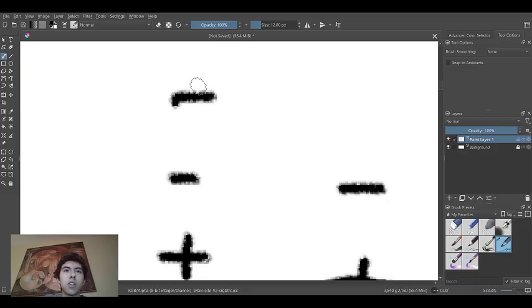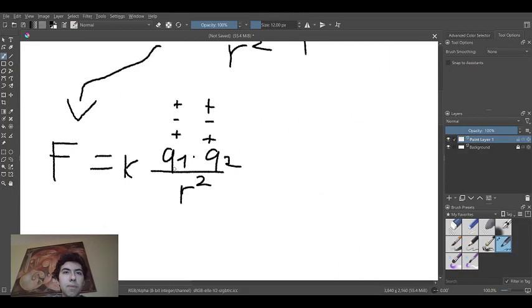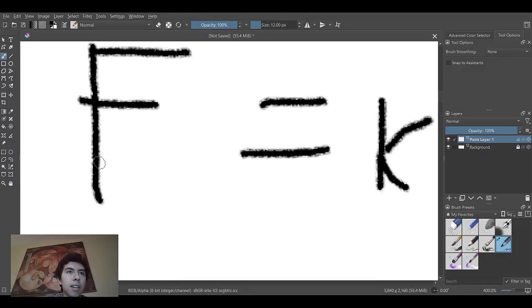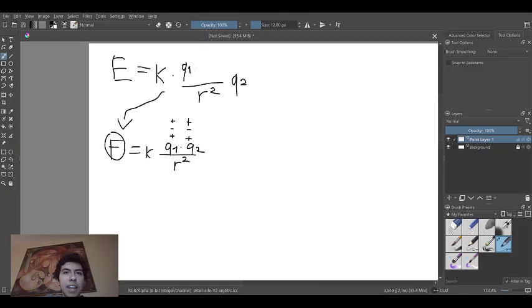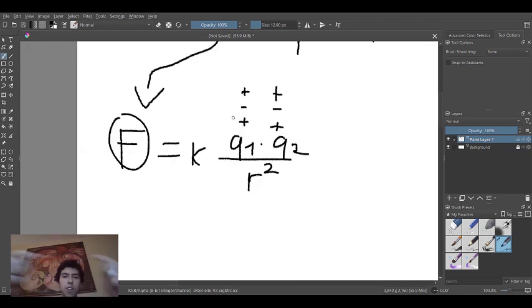But if they are charged oppositely, that would result in a force that is negative, and that means that they would attract. The force with which they repel is negative, so that means that they don't repel, they attract. So that means that they get together.